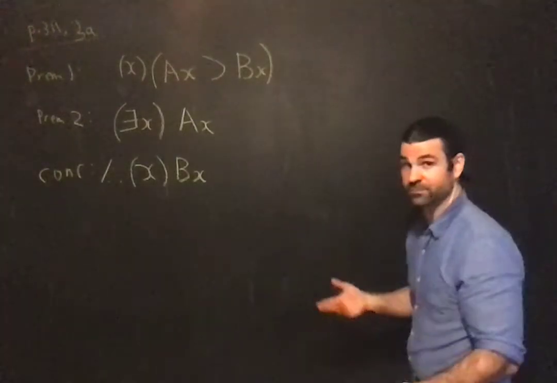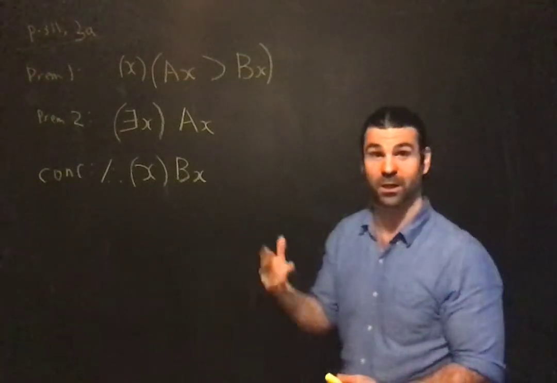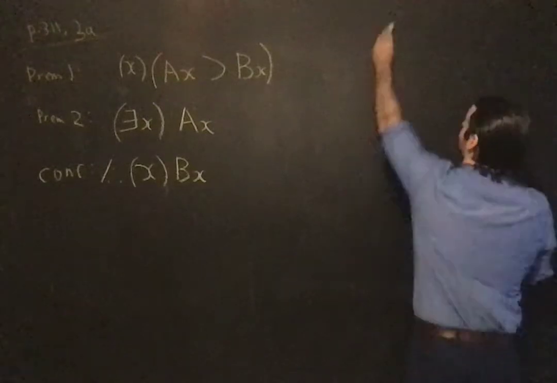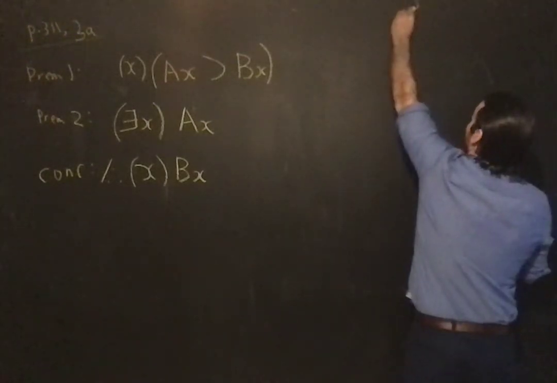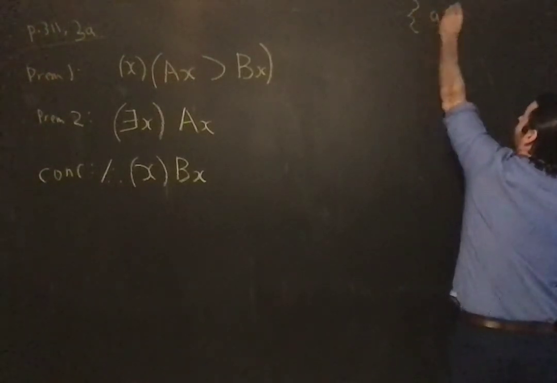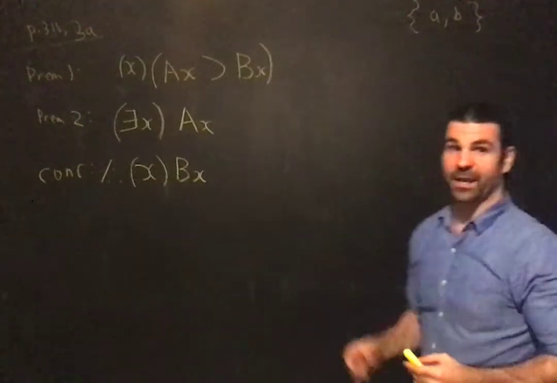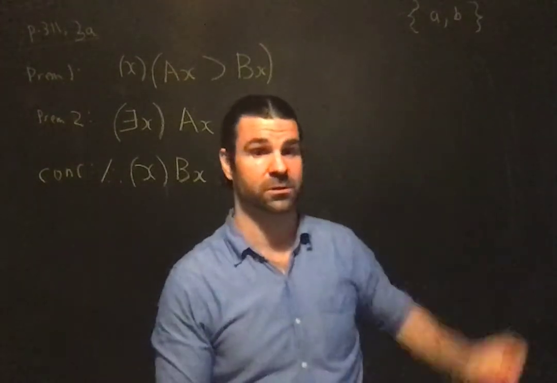For example, I'm using a domain of 2 individuals for a purpose, which I'll explain in time. Let me specify the domain as this, A, B, right? I'm going to be talking about the domain of 2 individuals.